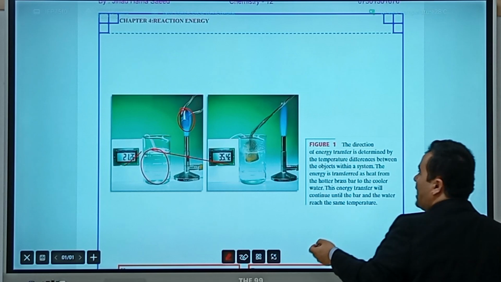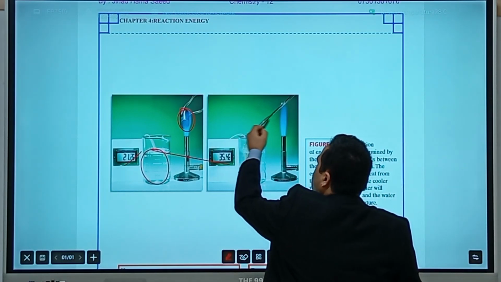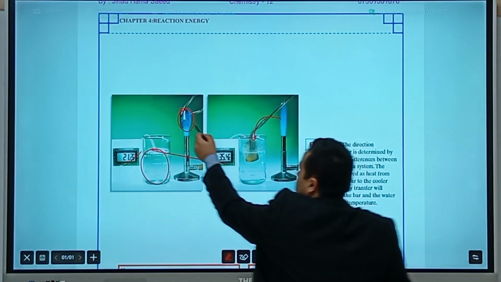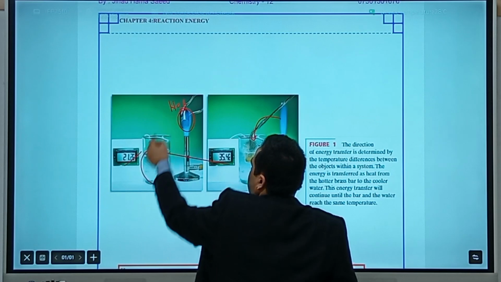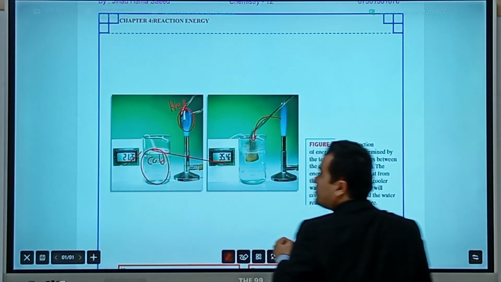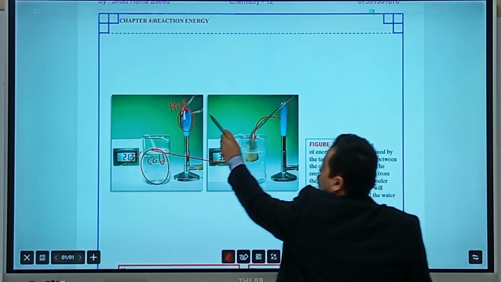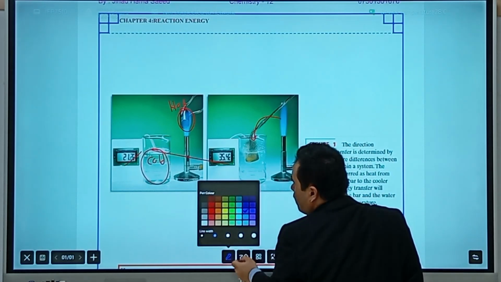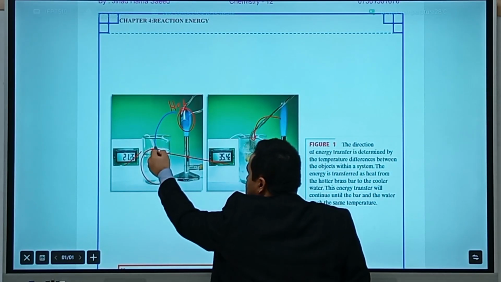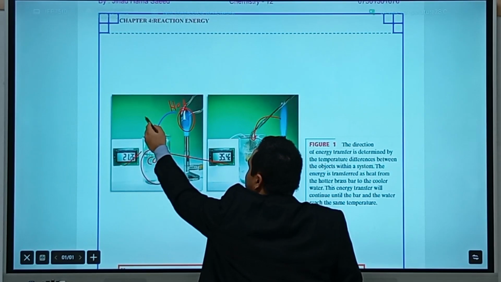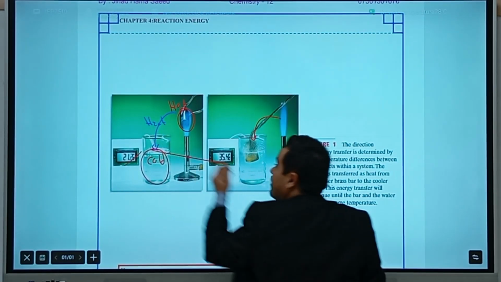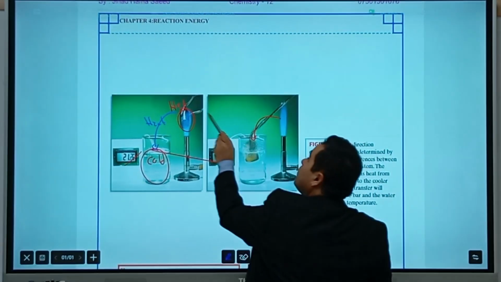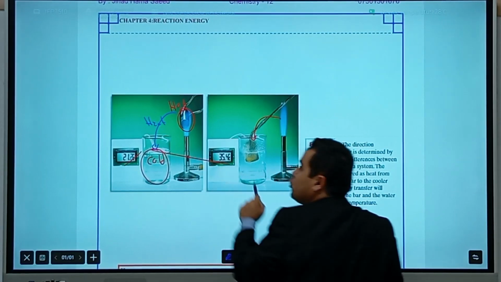But in the second, guys, as we immerse it, this is hot, this is cold. As we add the hot object into the cold, the heat transfers spontaneously. Heat transfers spontaneously from the hotter object to the colder object.